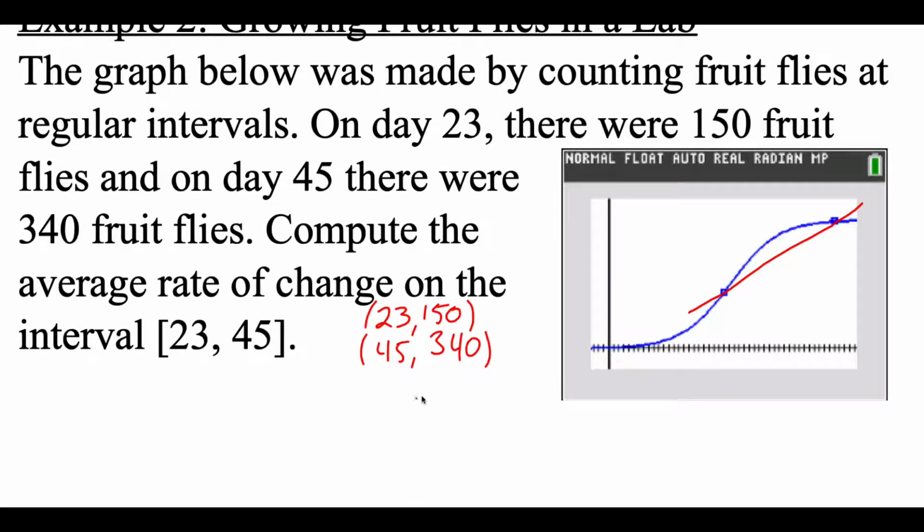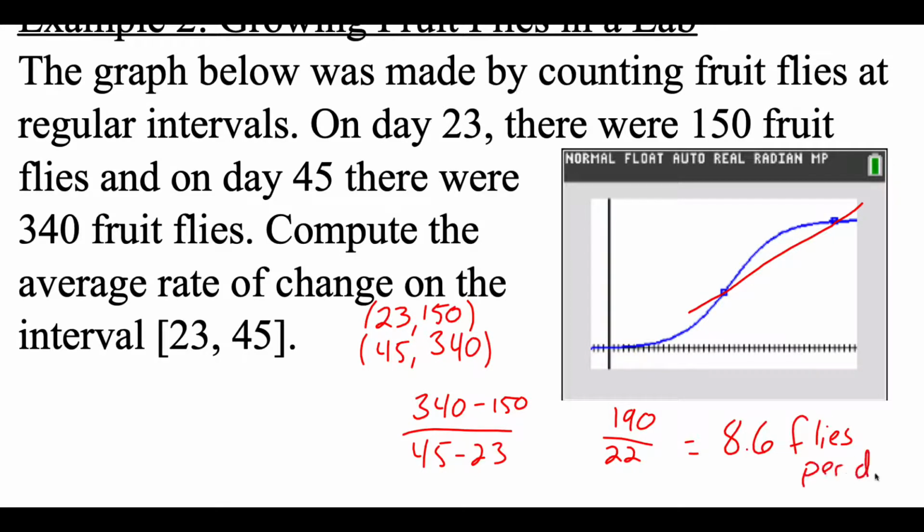So if we subtract those y values and do 340 minus 150, and then subtract those x values, 45 minus 23, well, on top, 340 minus 150 is 190. And then on bottom, 45 minus 23 is 22. If we look at dividing that out, 190 divided by 22 is about 8.6 flies per day on this interval.